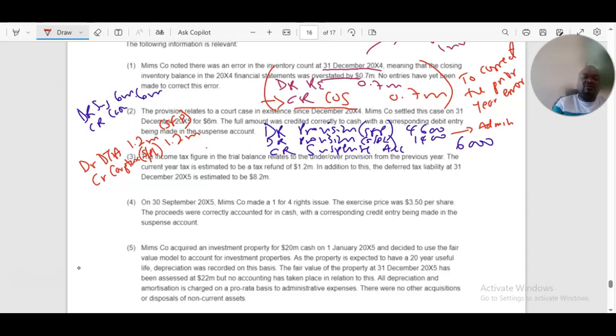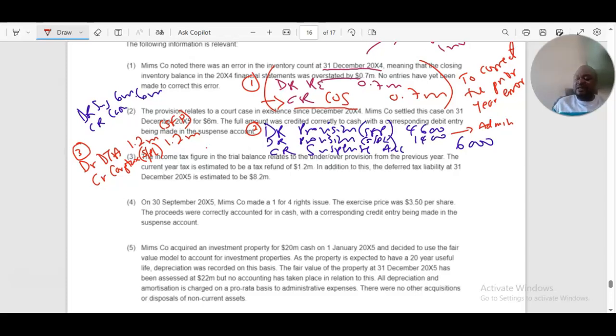Remember, I say that you need to number your workings. This is actually working number 3. The way I wrote my 3 there, it's not pleasing. That's working number 3, and this one was working number 2, and this one was working number 1.